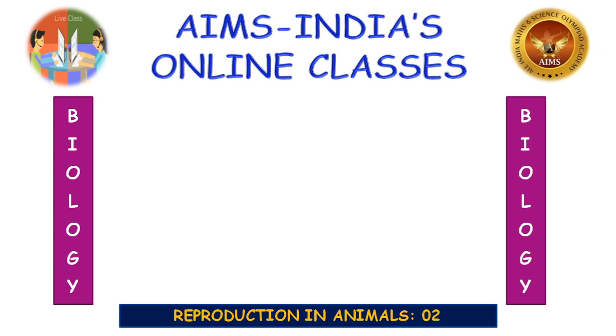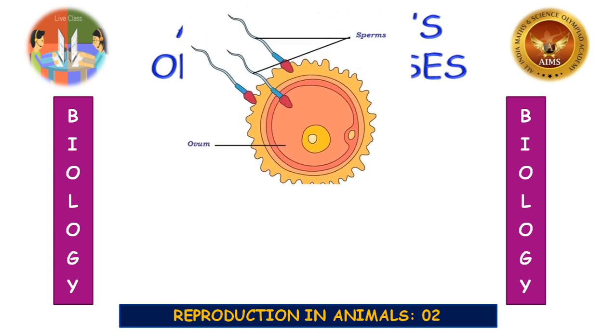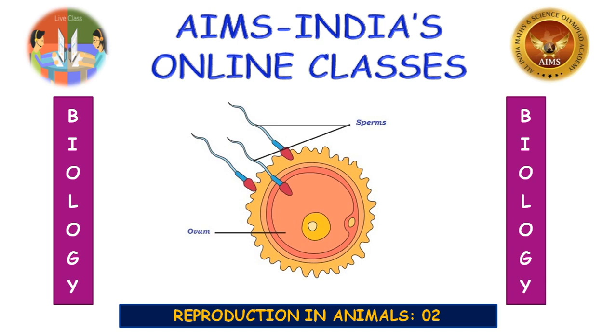In the last class, we studied what reproduction is and its importance, and some methods of reproduction in animals also. What is reproduction, children? It is a vital biological process by which living organisms produce new individuals of their own species, isn't it?